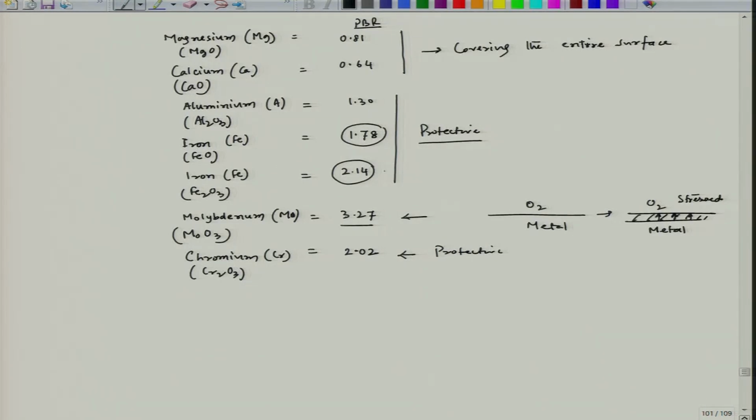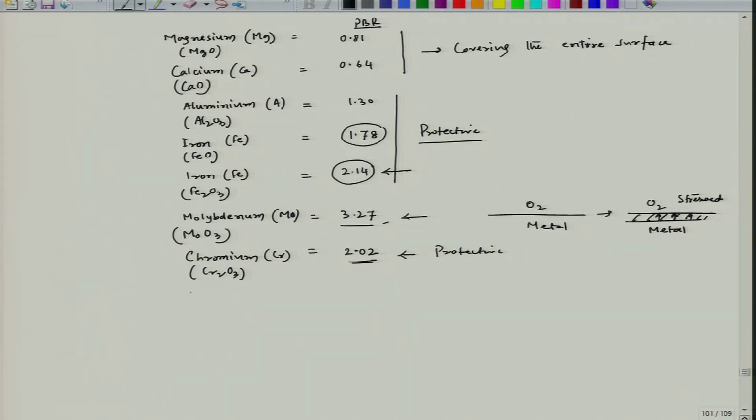In this case it is a little more than 2, but still we say that it is protective because it is close to 2. So, that means it will not provide much stress on the metal oxide layer when further oxidation takes place or during the oxide growth stage. But here also the same story, but here as per the PBR we would say that this is not protective.